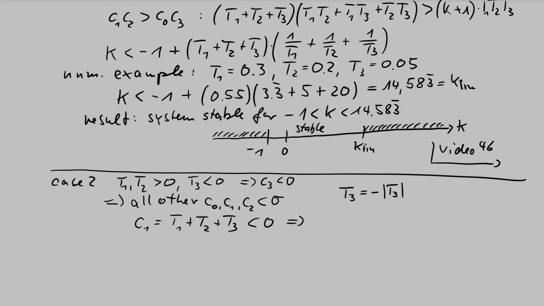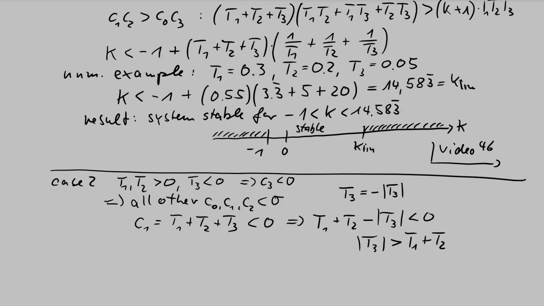So you see, I write now T1 plus T2 are positive, negative minus T3 magnitude must be smaller than 0, or in other writing, I now bring negative T3 on the right side. T3 must then be larger, the magnitude of T3 larger than the sum of the other both time constants.